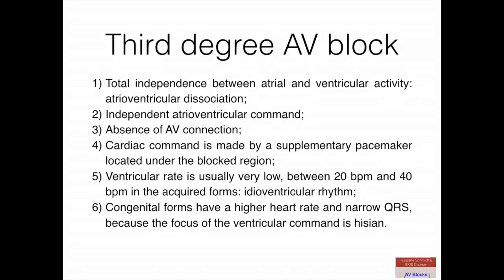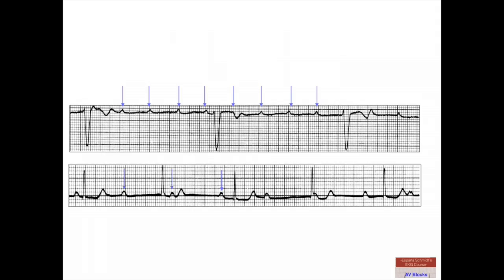The ventricular pace is usually between 20 to 40 beats per minute, and it's secondary to idioventricular rhythm. Sometimes the ventricular rate can be higher in congenital forms. Here we have a third degree AV block.